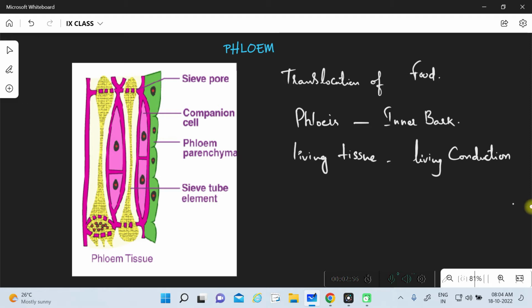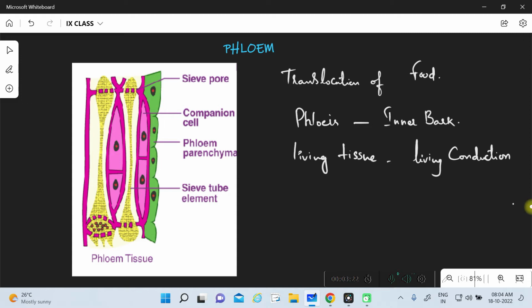Even xylem helps in the conduction of water and minerals. But the thing is, xylem is not considered living. So the living conducting tissue present in the plant is none other than phloem. The components of the phloem are in general made up of living cells.